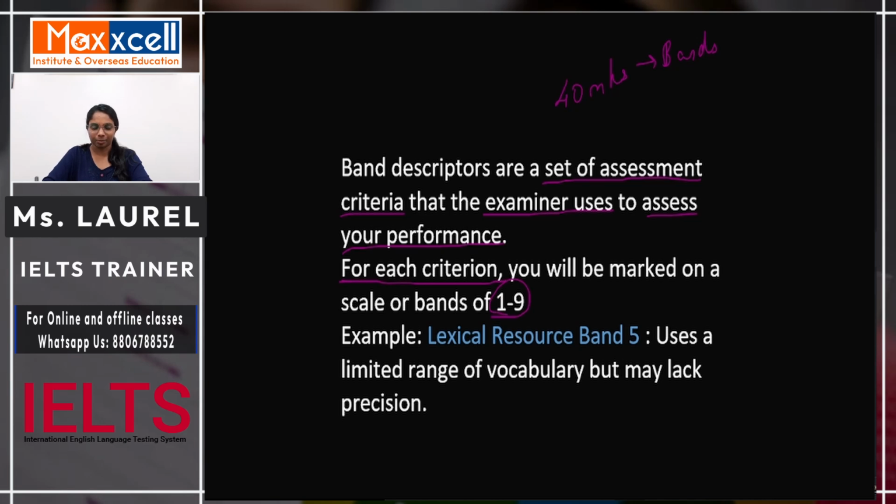So let us take an example. One of the criteria is lexical resource. If you have band 5 for lexical resource, what is the description? Uses a limited range of vocabulary but may lack precision. So here, if a person is using basic vocabulary, simple words, but still they are not getting the words right in terms of context, then they get a band 5.